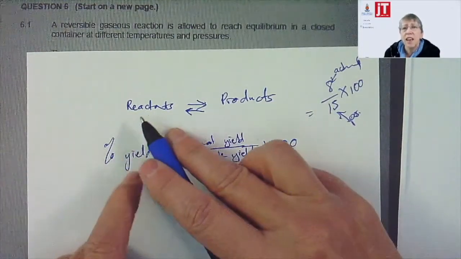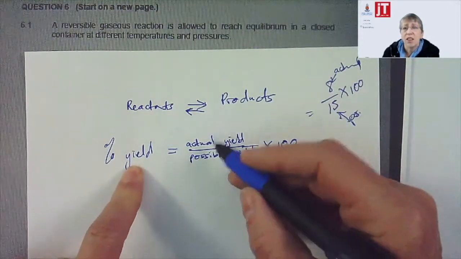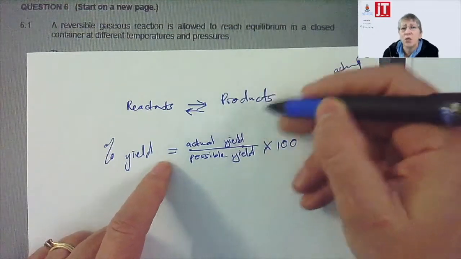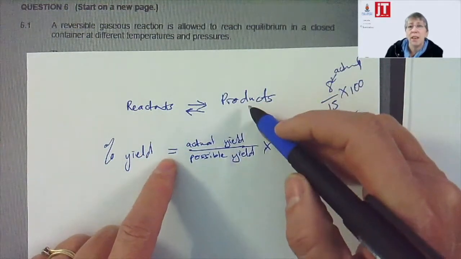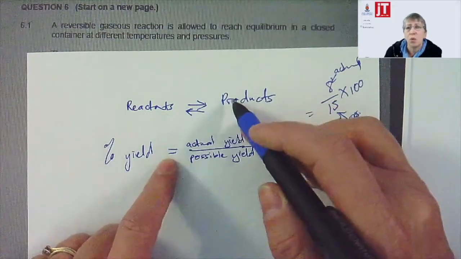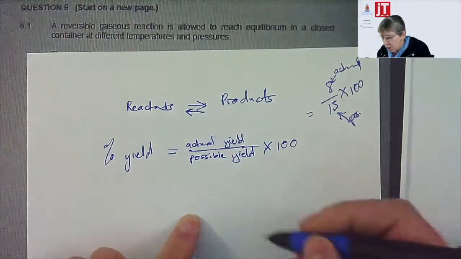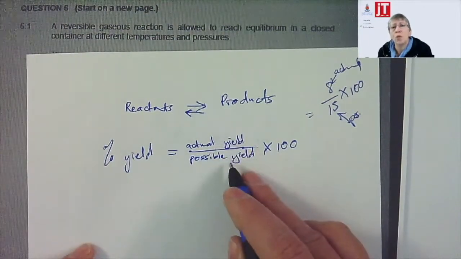So never ever will everything be in the product state. That's why this is very important now, because it's actual yield: how much is really in the product state out of how much could have been in the product state if it was a single arrow, if it was not a reversible reaction. So we are looking at how much formed of what could have formed. That is percentage yield.